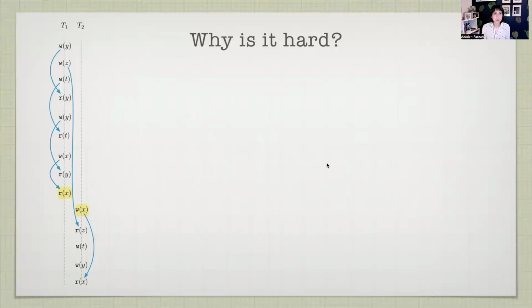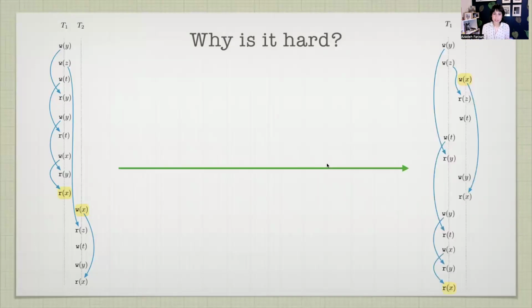The answer is yes, they can be reordered. The run on the right is a reads-from equivalent run in which they have been reordered. But for me to make this decision, I really don't have much wiggle room other than to remember the entire run on the left and transform it more or less into the entire run on the right.